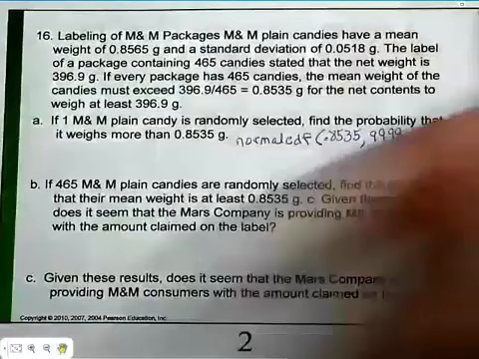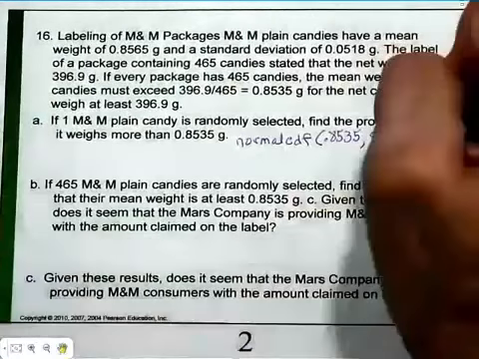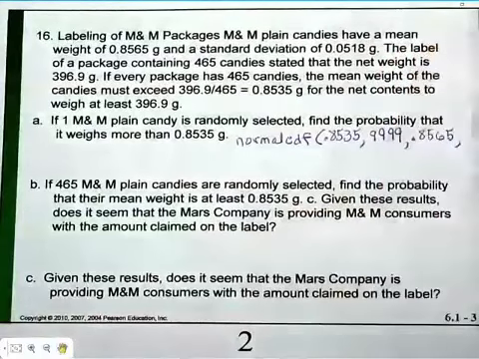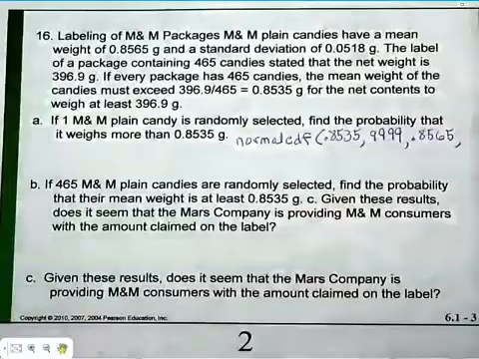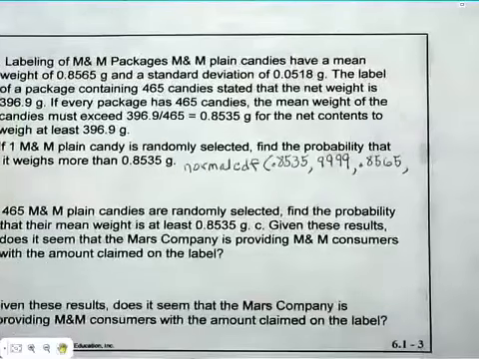Given that the mean is 0.8565 and the standard deviation is 0.0518, do I need to make an adjustment on that in the A part? I could divide it by the square root of 1 if I wanted to, but that wouldn't change it.